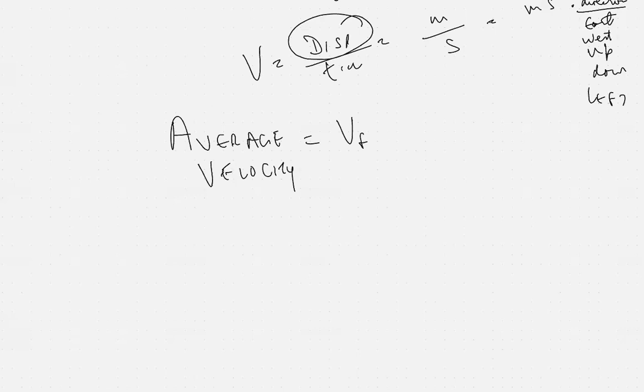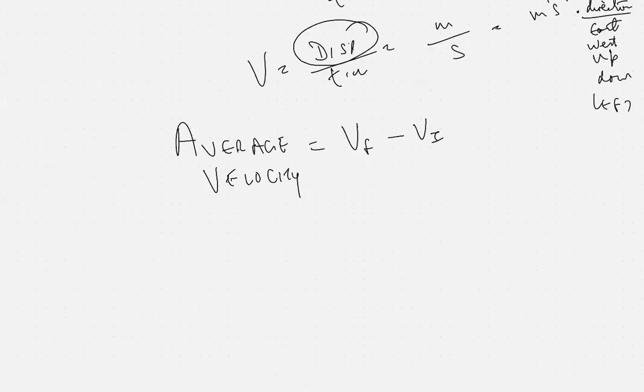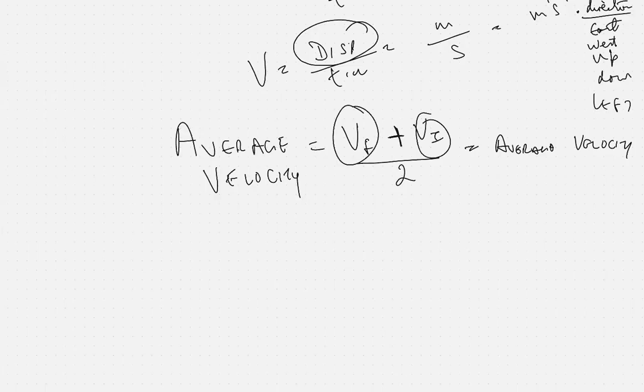Divide by 2, and you get the average velocity. Remember that. The speed is also the same. We add those values together, and then you divide by 2. That's a way of getting the average velocity in this case.